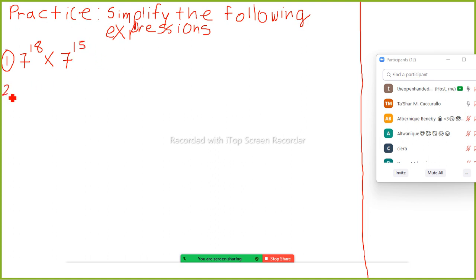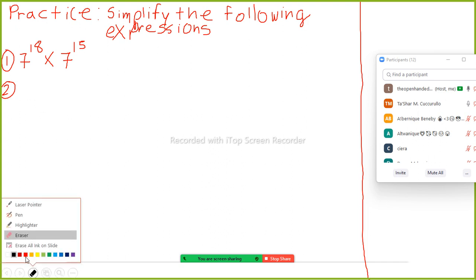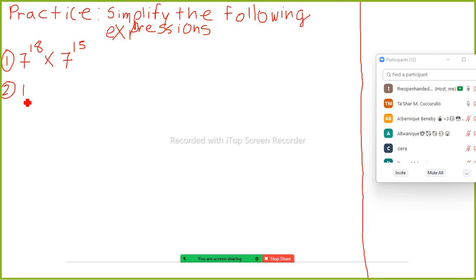The next one is going to be, if we have, say, p to the power of 22 multiplied by p to the power of 16.